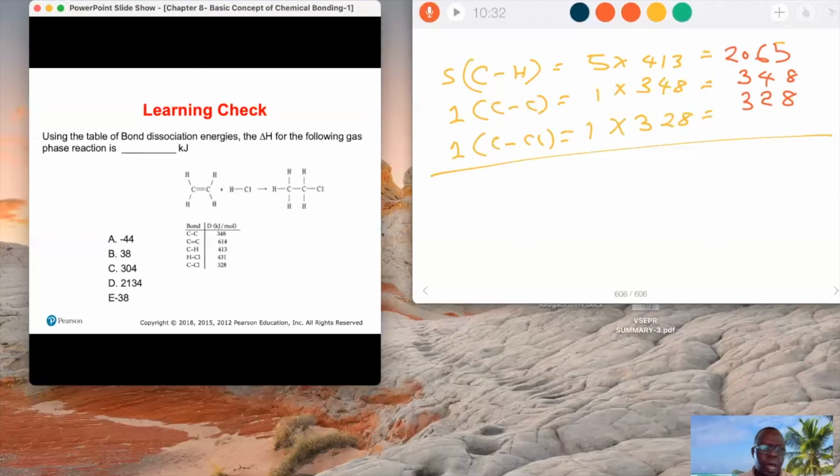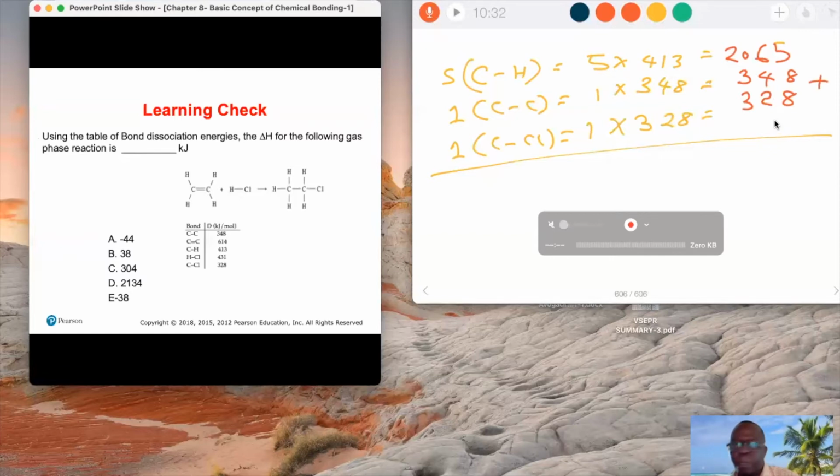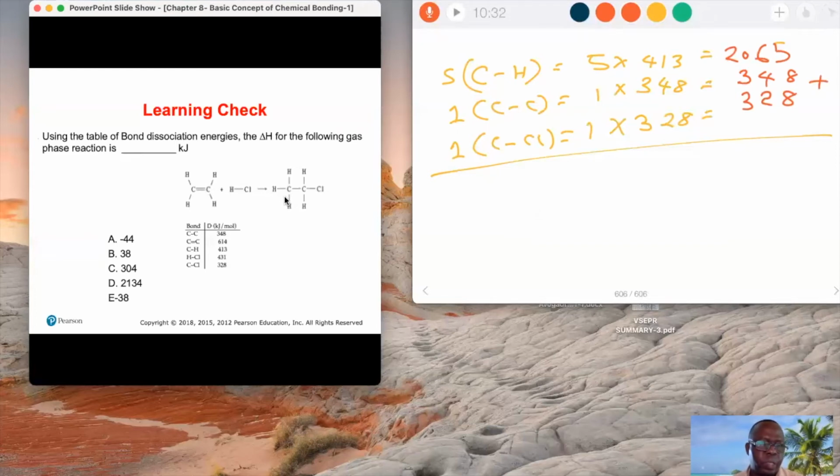So you need to add the total energy for the product minus reagent for bond dissociation energies, which is the same as for product. In this case, you say product minus reagent, delta change in dissociation energy.